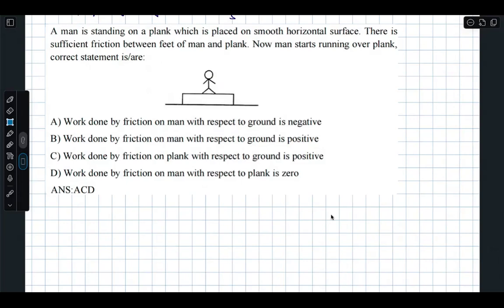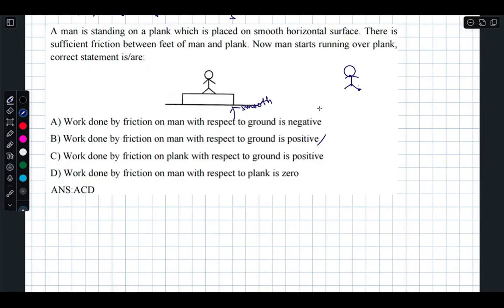See, a very simple thing, it is a smooth surface. Please try to understand. Man, try to feel that you are walking. When you are walking, your toe will have a tendency to move back.